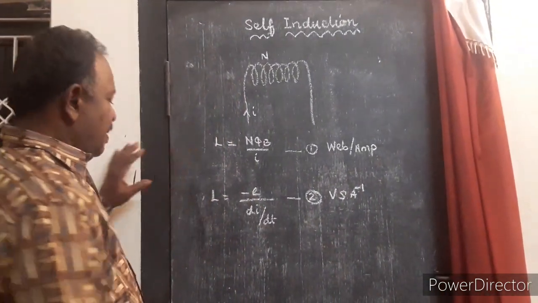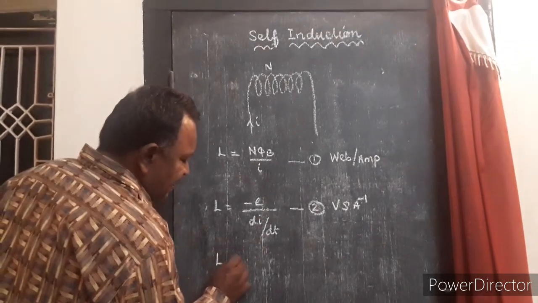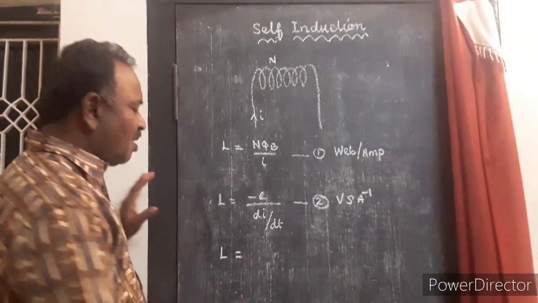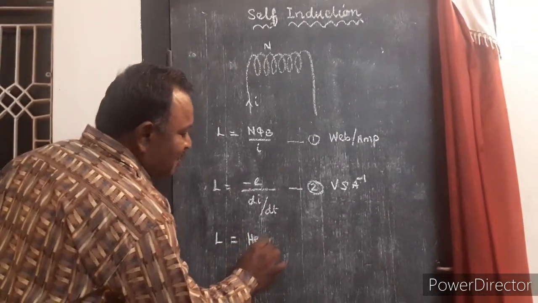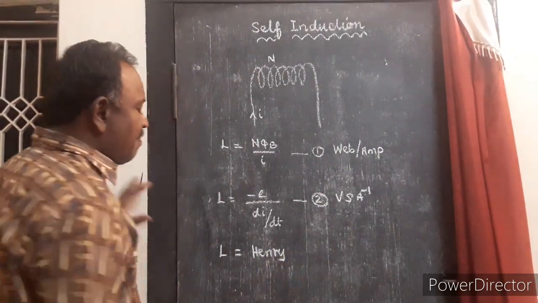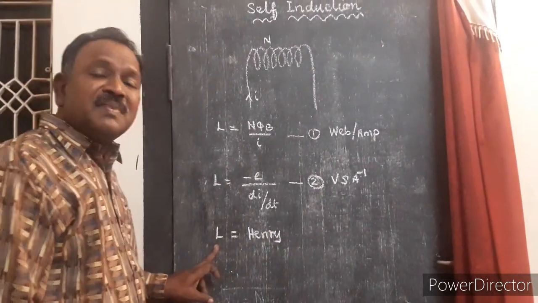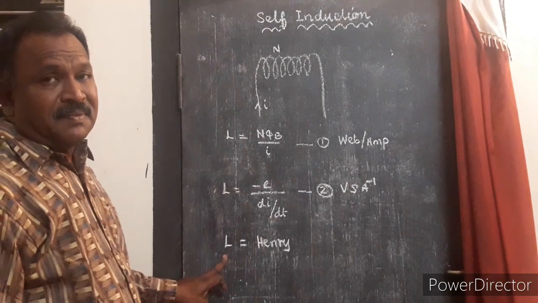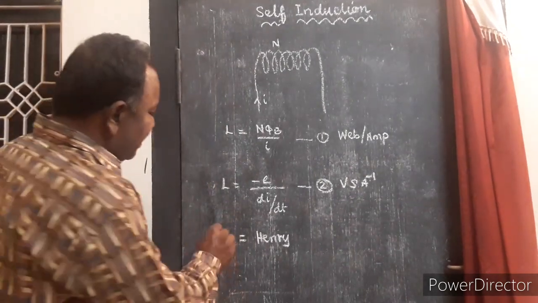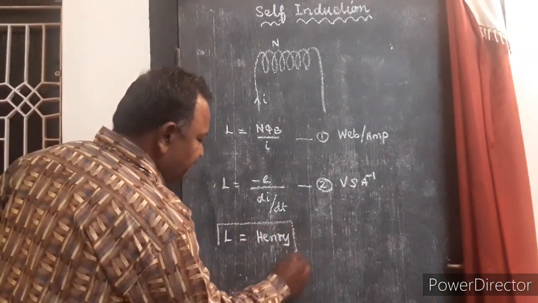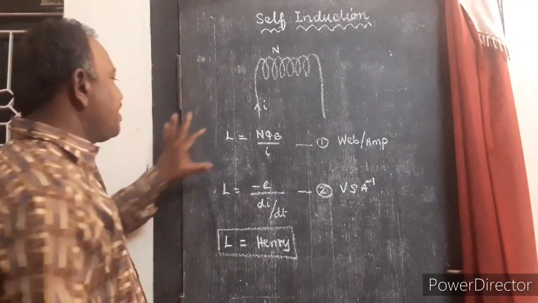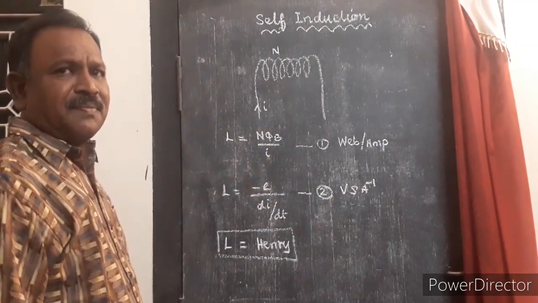Now, usually self-inductance is measured in terms of Henry. So Henry is the practical unit for self-inductance. We are going to define this Henry from these two equations.